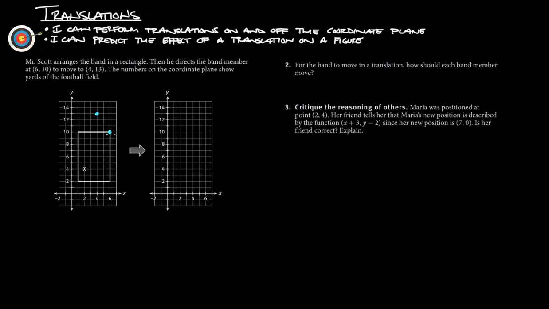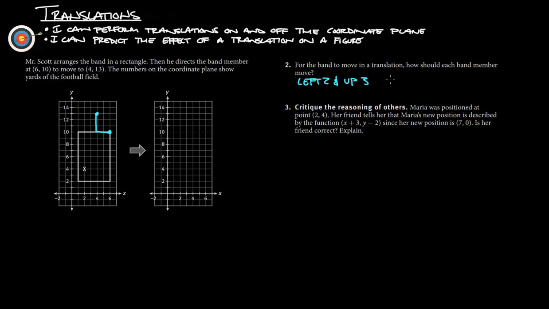So really what they're going to do, they started here and they're ending here. So we have to go, let's do the x first. So we're going to go left 2. And then we're going to go up 3. Left 2 and up 3. And this would all be in yards, right? Because this is a football field.